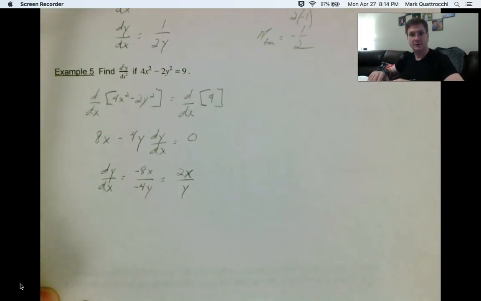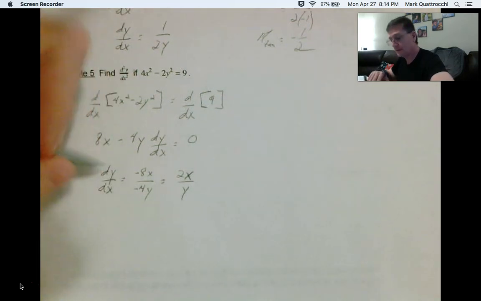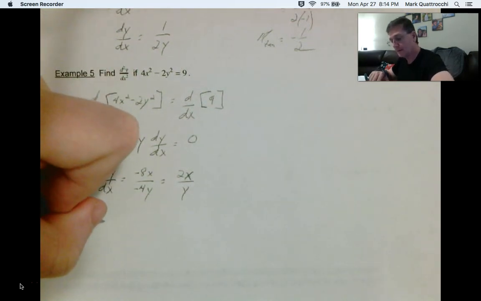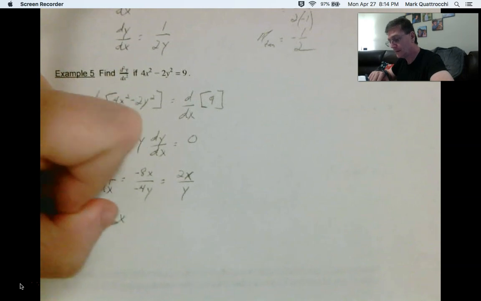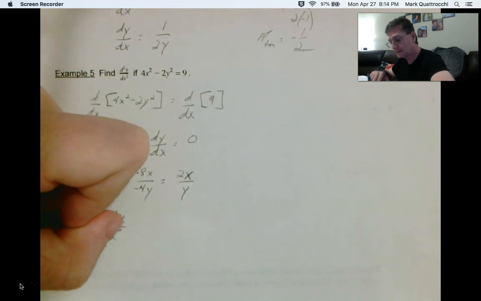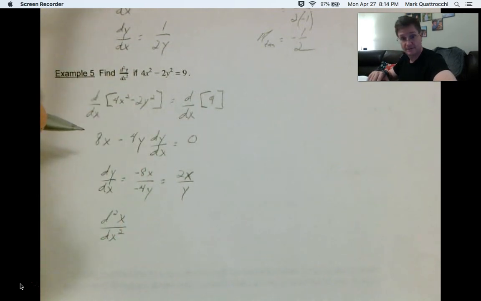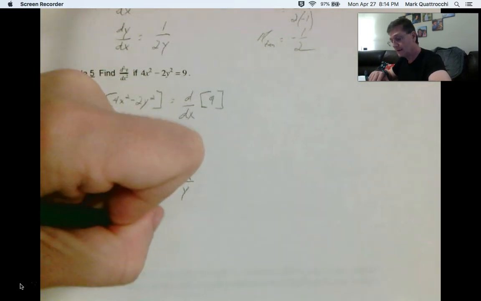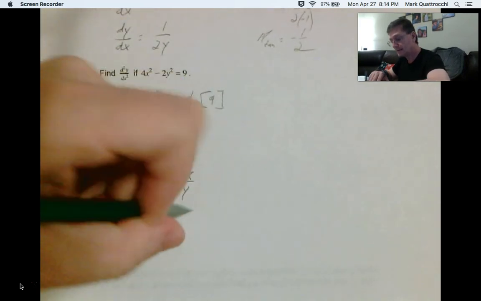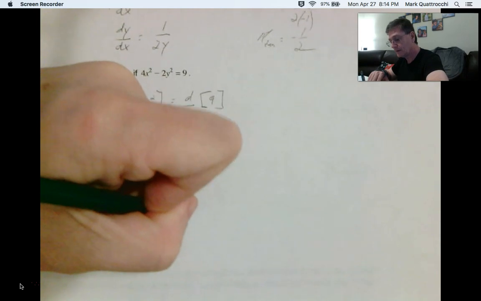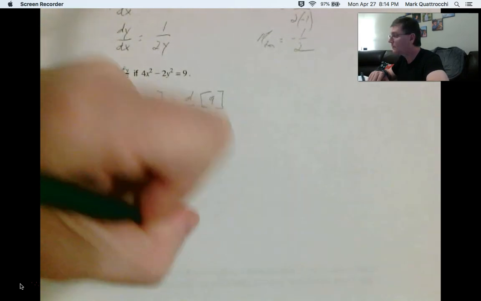And then we have to do the derivative again. So d2y/dx2, second derivative of the left side, equals d/dx of 2x over y.